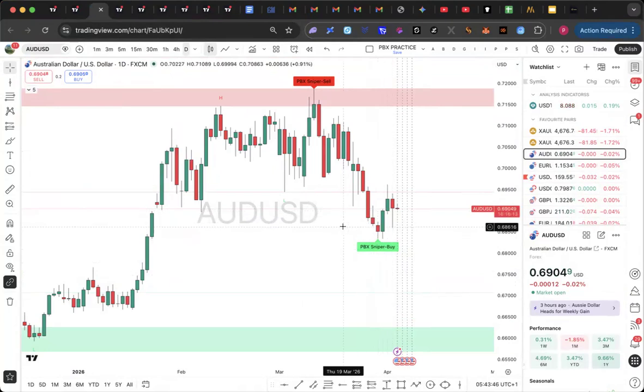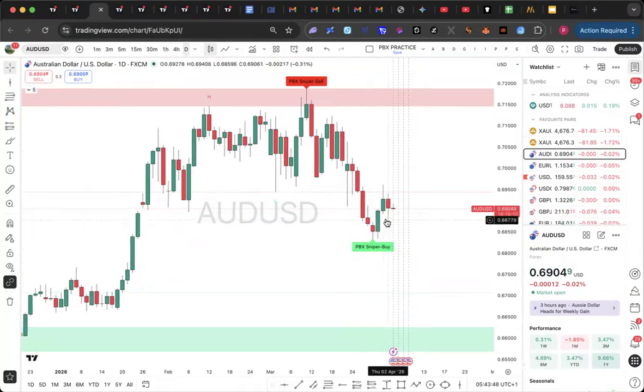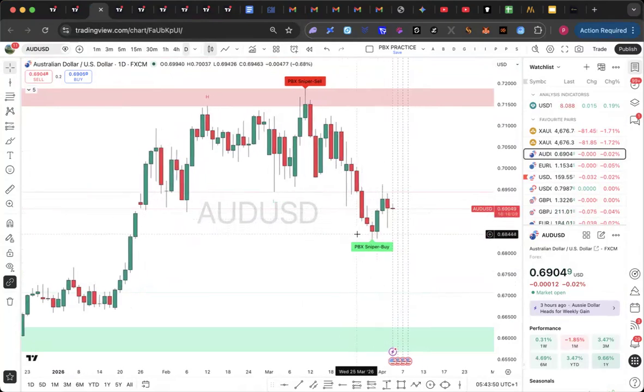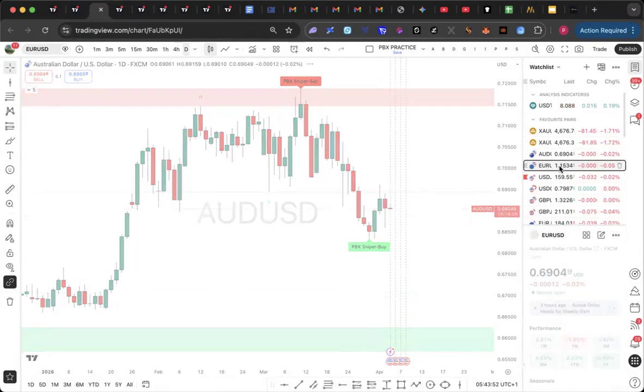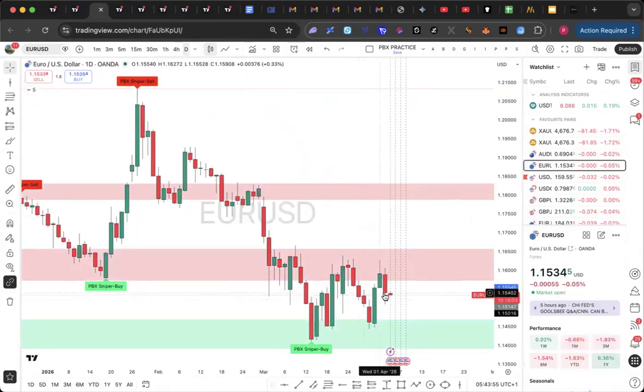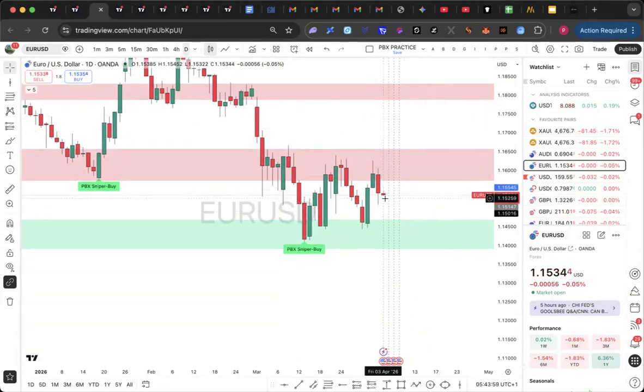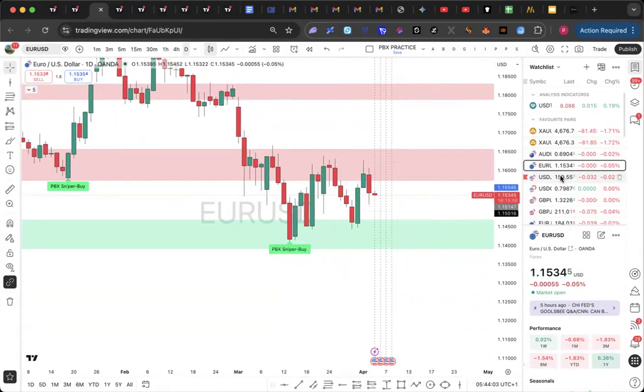Australia, but no liquidity, so it's difficult. Euro, liquidity will be low equally.